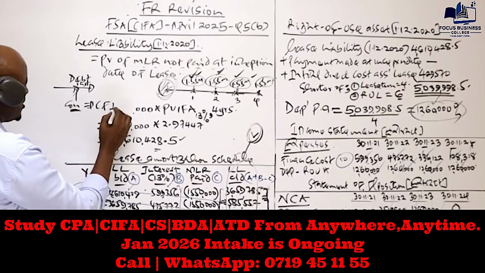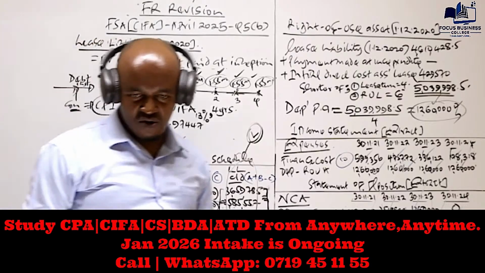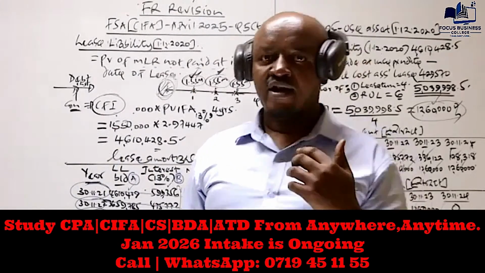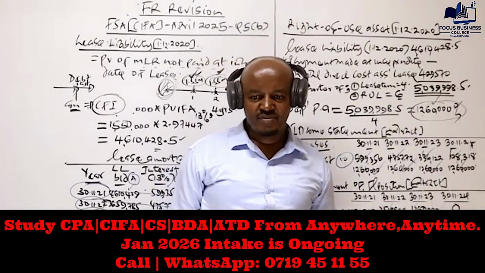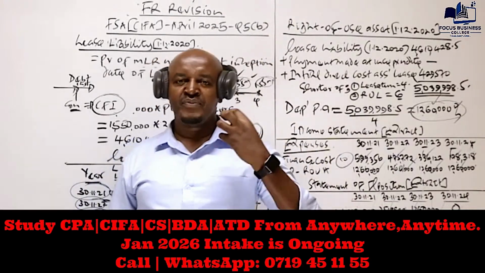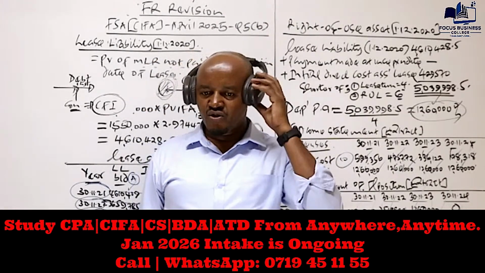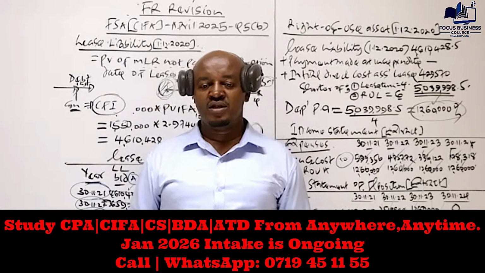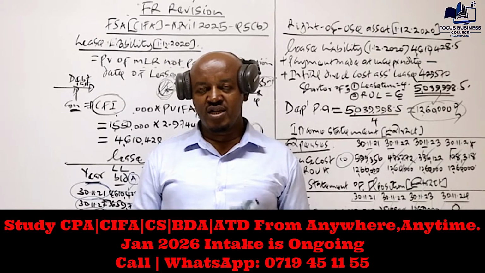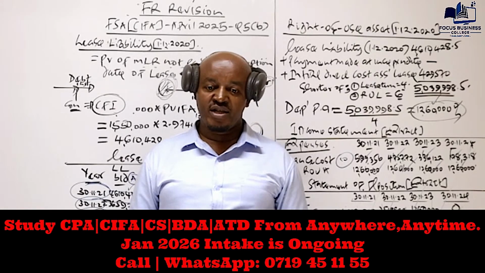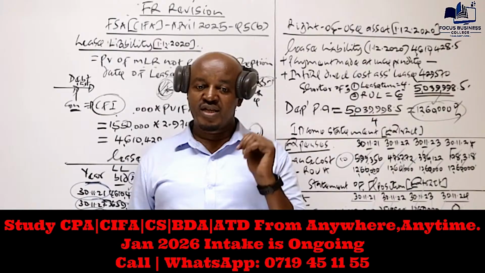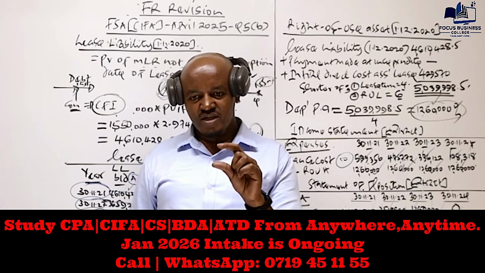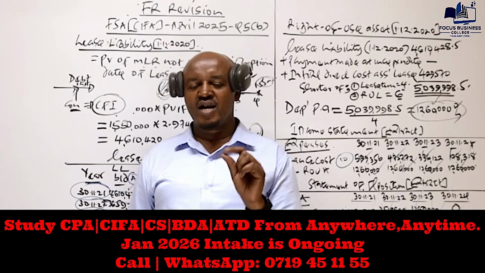We said this is a hybrid financial instrument. It's a financial instrument which contains both an equity component and a liability component. Once the company has issued such a compound financial instrument, as per IAS 32, the company needs to split the two components, the liability component and the equity component.